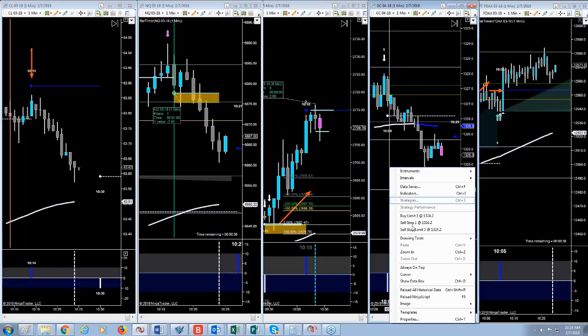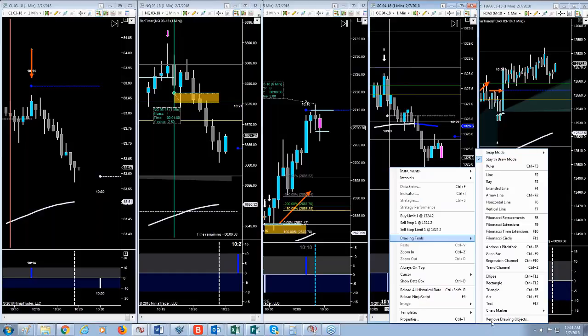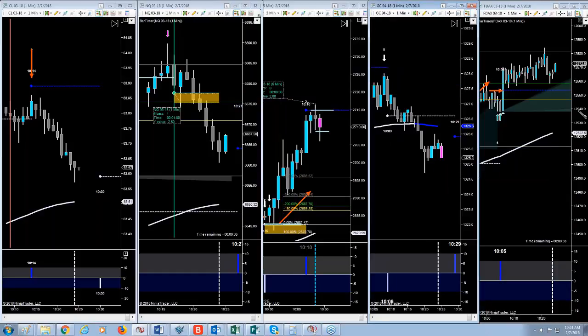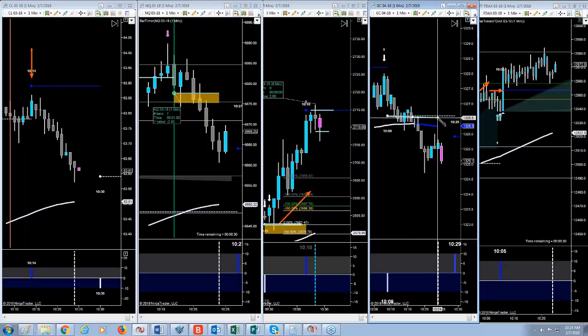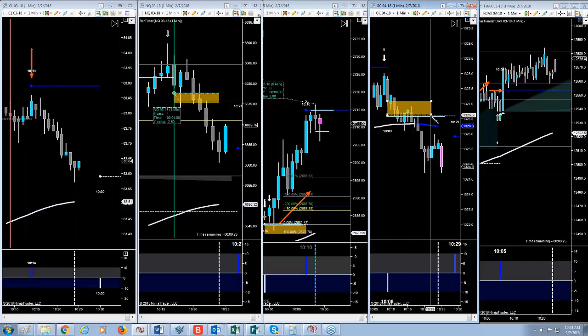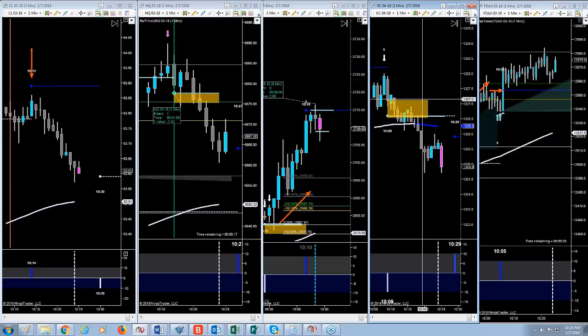GC at 10:09. With the pattern 5, we would have been waiting for a pullback to the line right here. The original stop would have been the distance between the close of the candle and one tick underneath us. So that is right here.